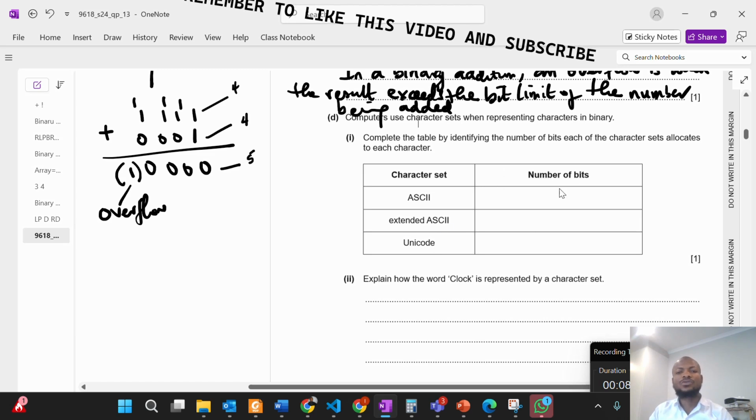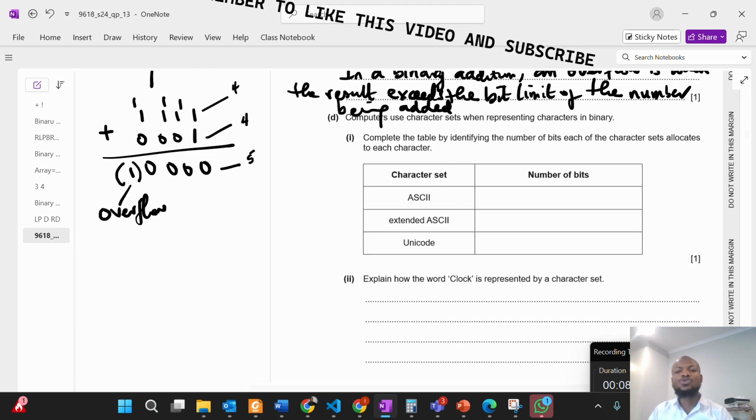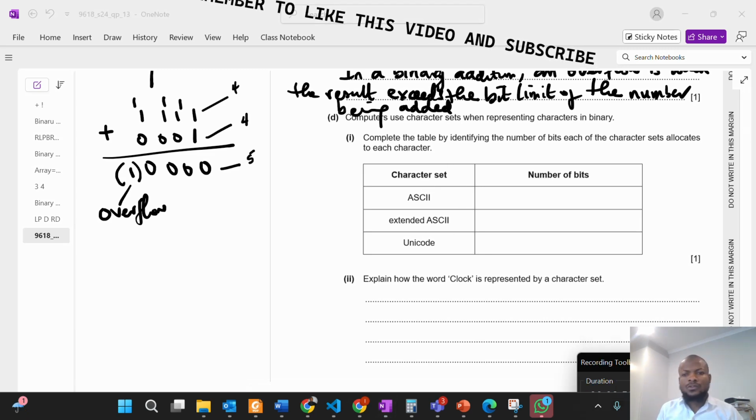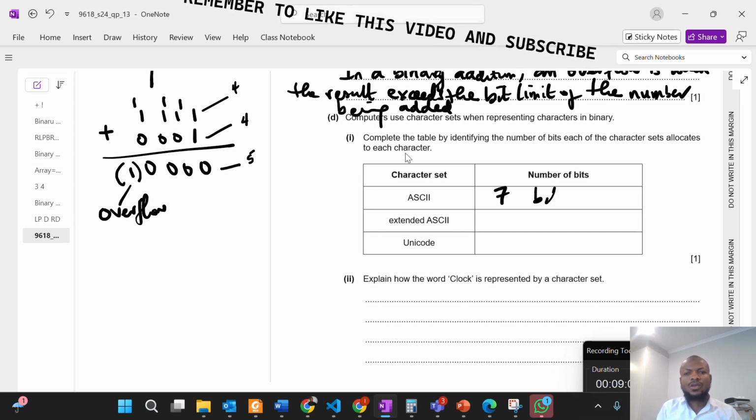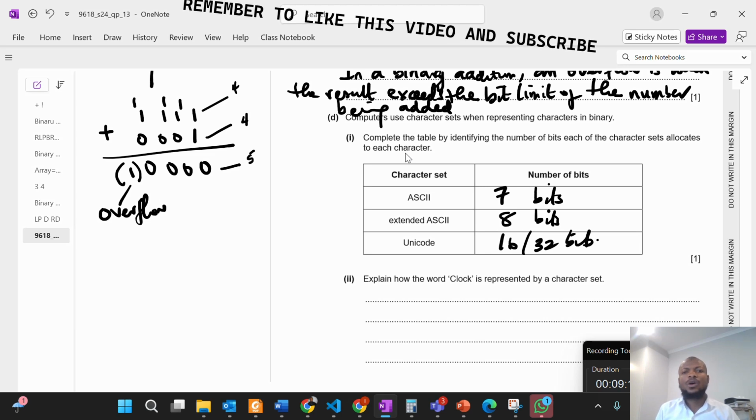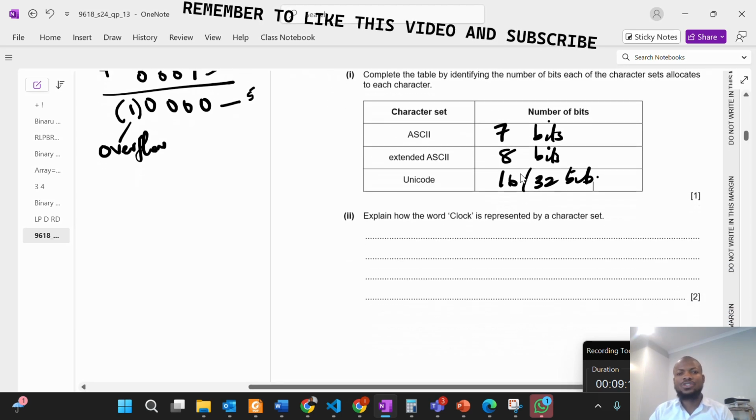The number of bits for ASCII is 7 bits. Extended ASCII is 8 bits, while Unicode is 16 to 32 bits. So those are the number of bits each of these character sets allocates to each character.